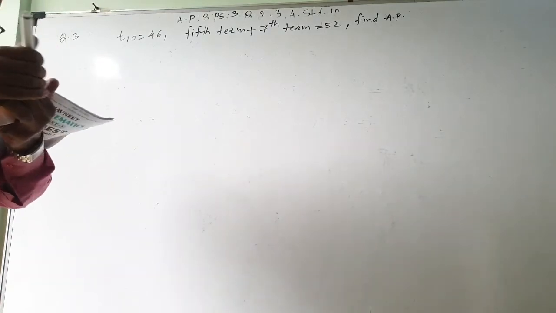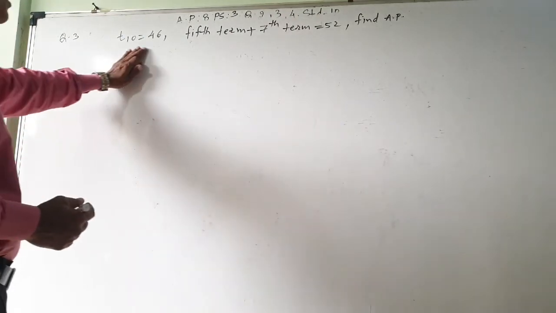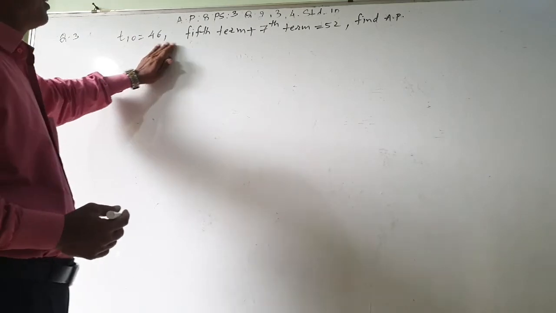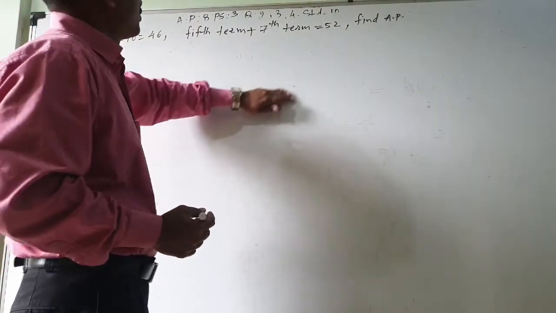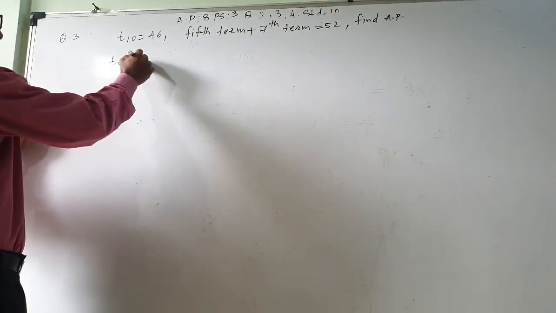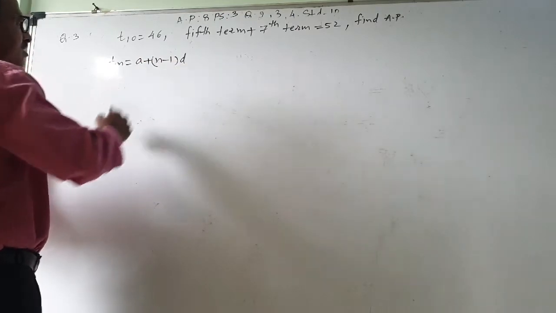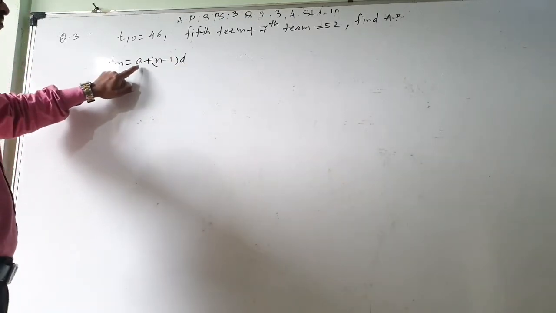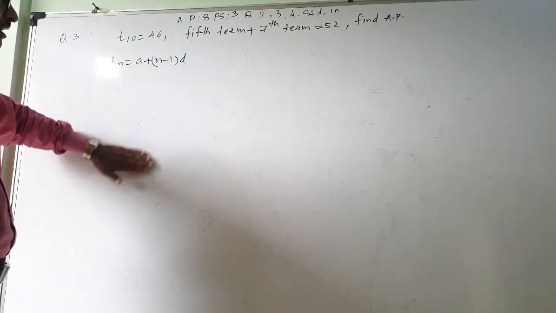So here I want to find the AP. T10 is equal to 46, and 5th term plus 7th term is equal to 52. So I will write Tn is equal to a plus n minus 1 into d. Initially you have to write, let the first term equal to a, common difference is equal to d.